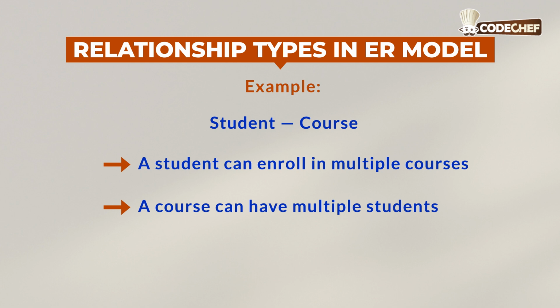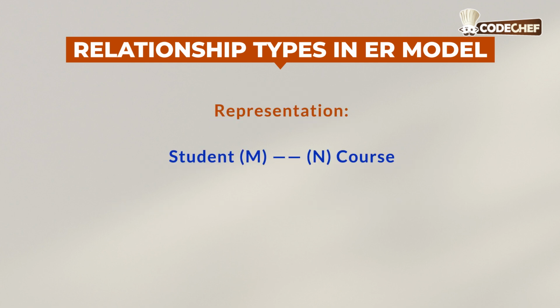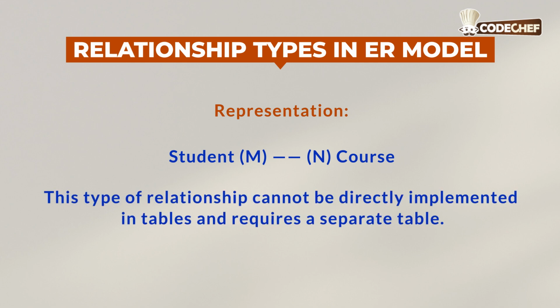So both of them can have multiple relationships with the other entity. Here we can see representation of many-to-many relationship in case of student and course. This type of relationship cannot be directly implemented in tables and requires a separate table because we need to store the data for each relationship which is there between any two different entities.